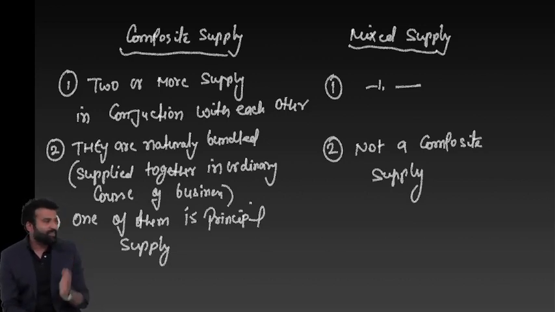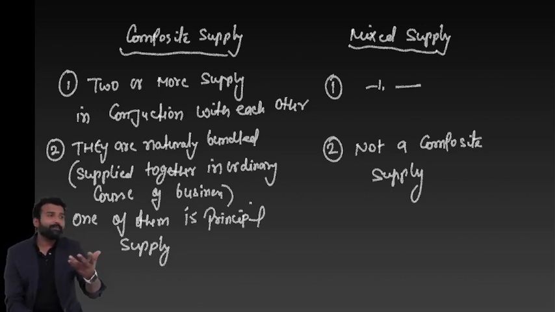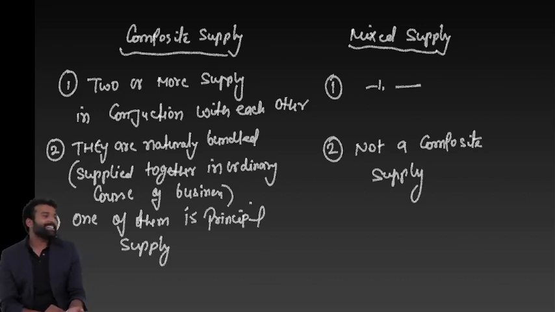Okay, very nice. In case of composite supply, the whole supply will be treated as the principal supply only. So if we take the example of the hotel with a complimentary breakfast, what rate will be applied is on the complete supply. On the whole supply, the rate of hotel will be applicable because nobody is going to a hotel for breakfast.